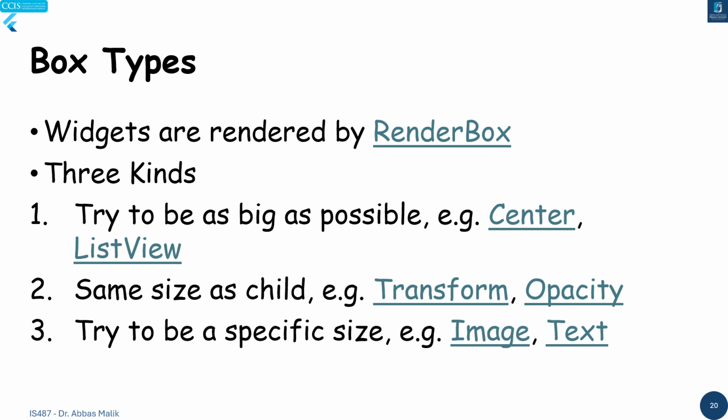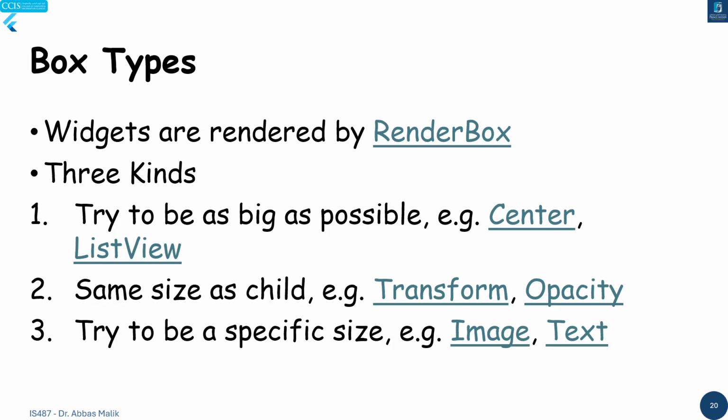For example, we have a center, and a list view. We have seen the center in our previous lecture and video, and then in the demo where we put our column into the center, it covered the whole screen, and the things that are children of that center are right in the center of the screen. We also have a list view. Again, it will try to be as big as possible depending on the available space.